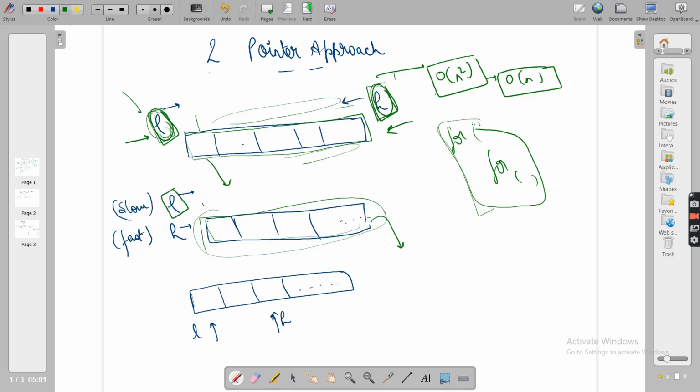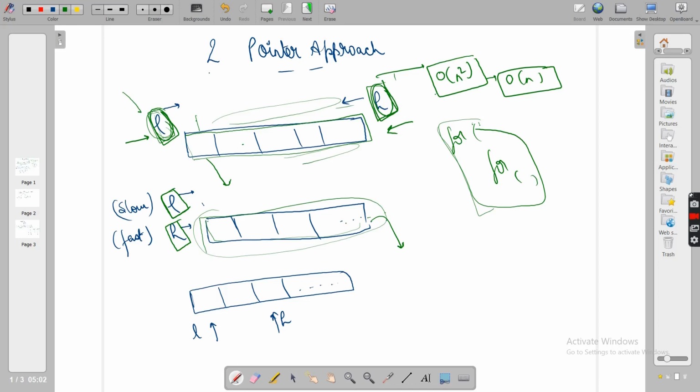I have seen many students who are in touch with me. Many times when I ask about two-pointer, they generally say, "Bhaiya, two-pointer means we go from extreme ends." No, it's not that. It's not always true. Mostly it is, but it is not always true. So in many cases, you may start your L and H from the same point, but the condition would be that out of these two pointers, one will move slower and the other faster.